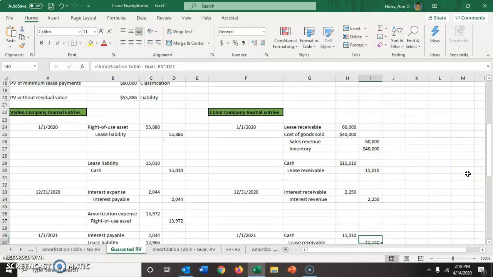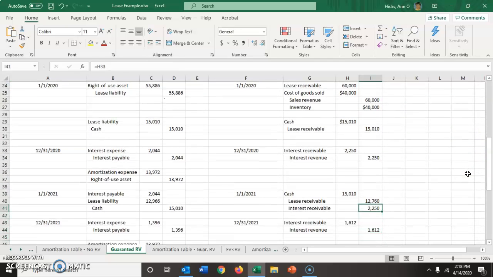And then on January 1, 2021, we will debit cash, credit lease receivable and interest receivable, and so on and so forth. Similarly to the previous example, there is no amortization expense for the lessor because they don't have the asset on their books.